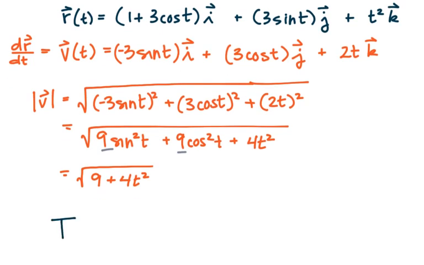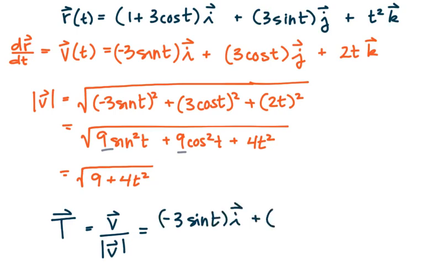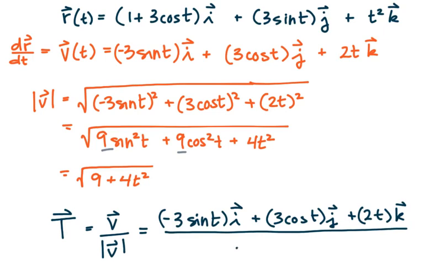Therefore, that unit tangent vector, capital T with a vector line above it, is v divided by the magnitude of vector v, or negative 3 sine t i plus 3 cosine t j plus 2t k divided by that magnitude, the square root of 9 plus 4t squared.